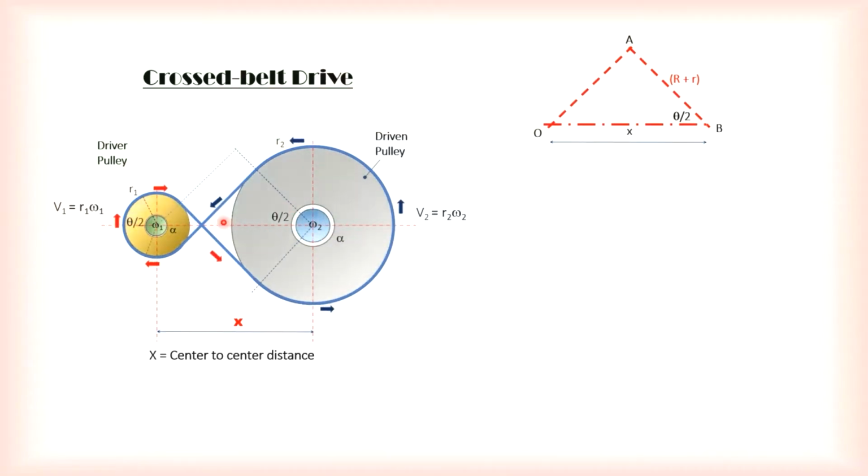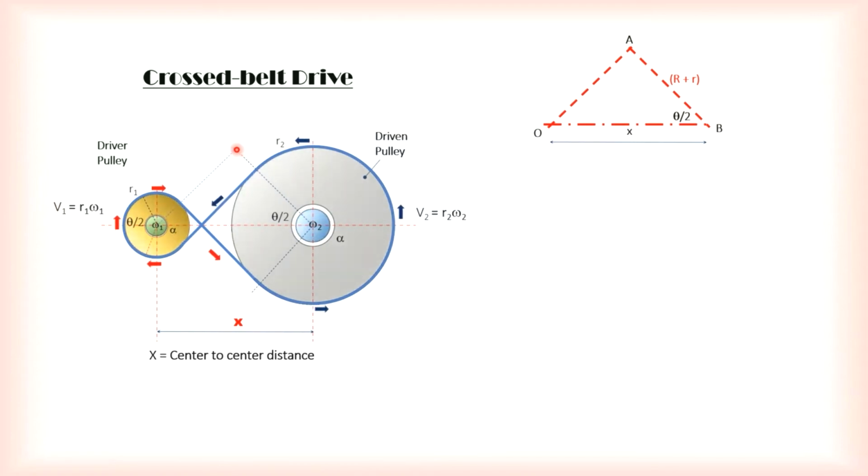What we need to do is draw a line, which I've drawn in dash, from the center of the smaller pulley. The line drawn here should be parallel to this, and from there you go to the center of the larger pulley. From this, we will be able to say that this must be 90 degrees.